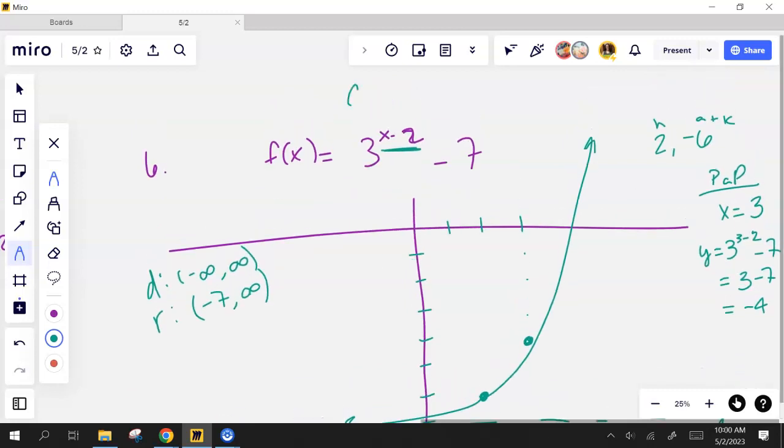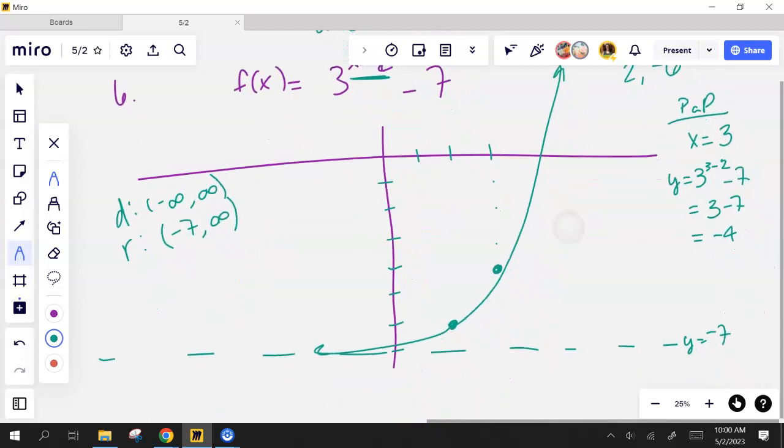It is a times b to the x minus h, plus k. Change h and keep k the same. What else? In behavior, do y'all need the rest of the analysis, or you just need the graph?